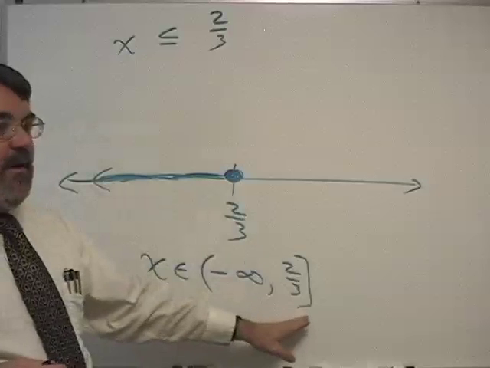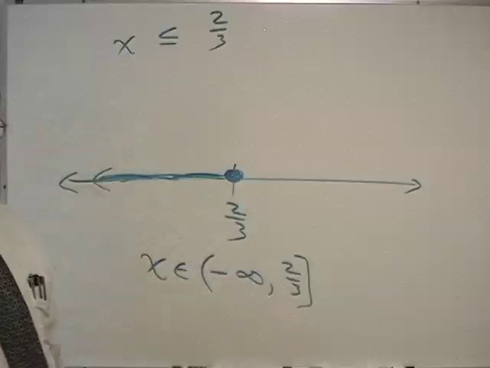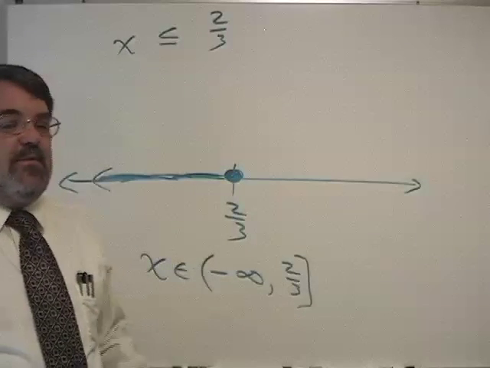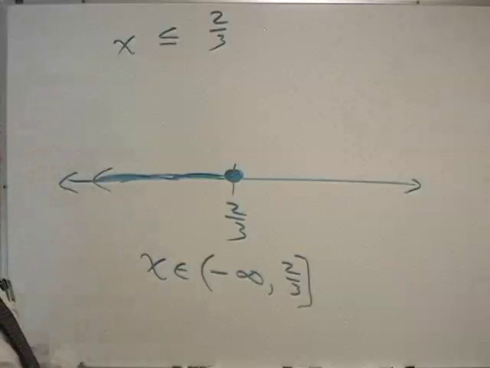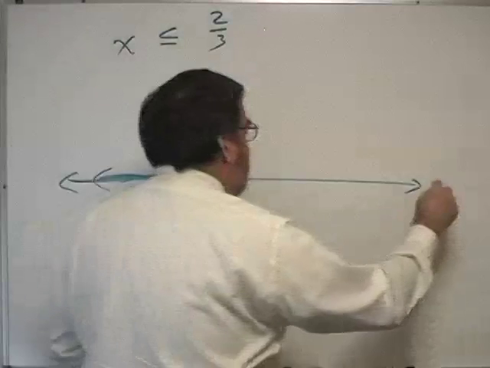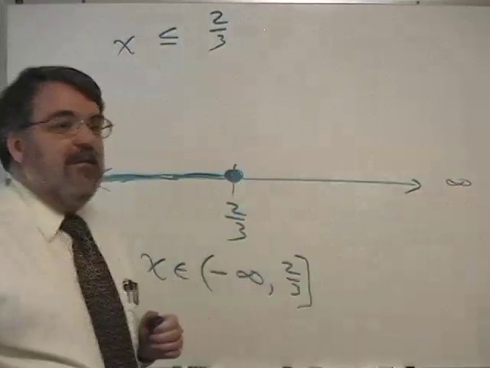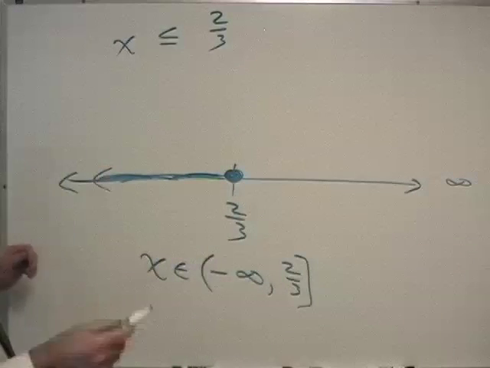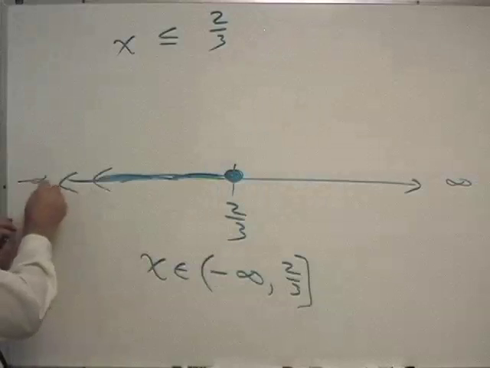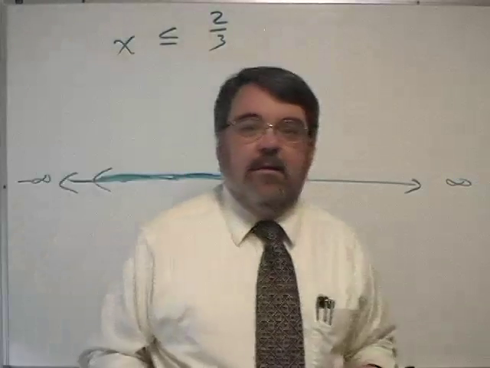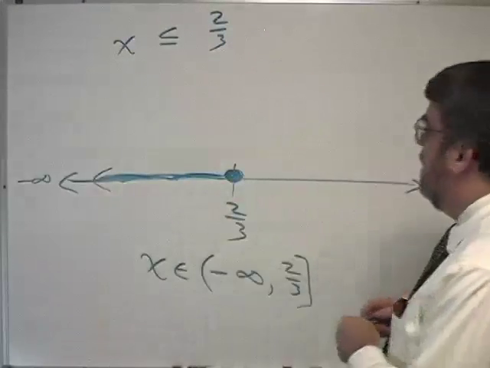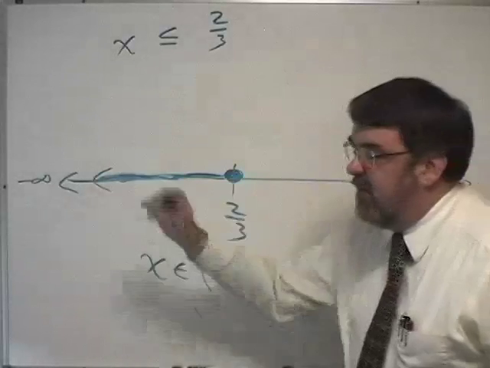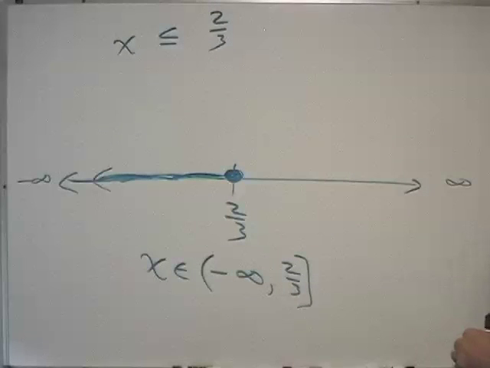So brackets for equals, and parentheses for just strictly less than or strictly greater than. Negative infinity, that's on this side. Your number line stretches to infinity on the right side and beyond, and on the left side to negative infinity and beyond. So over here is the negative infinity side.